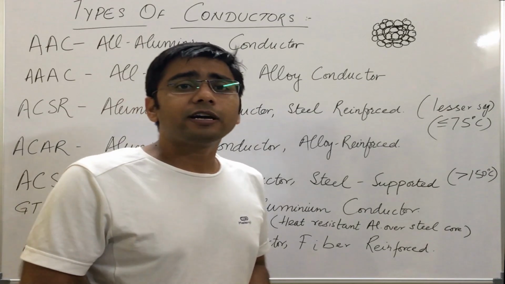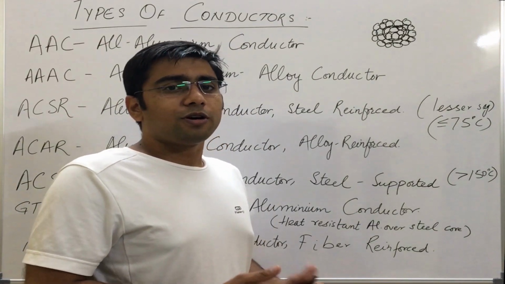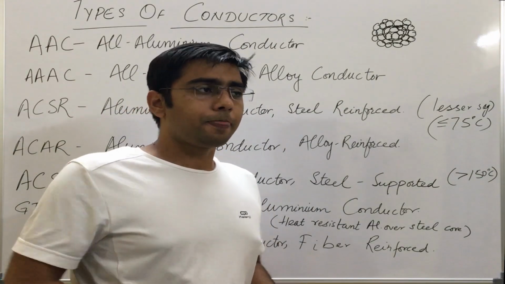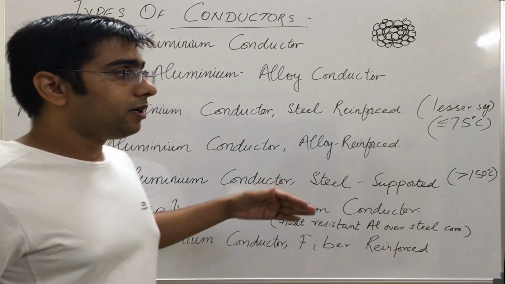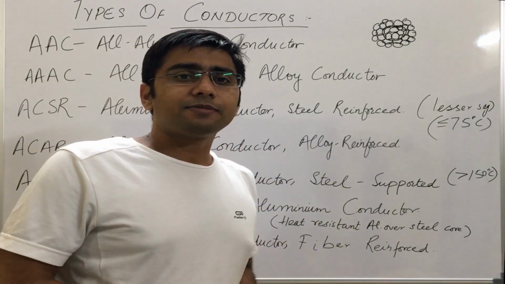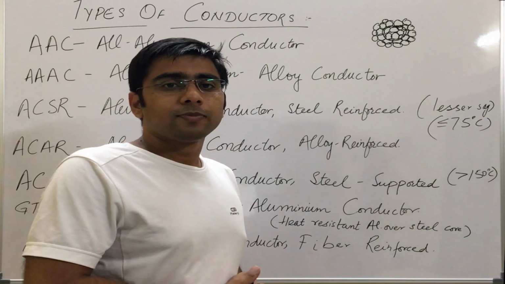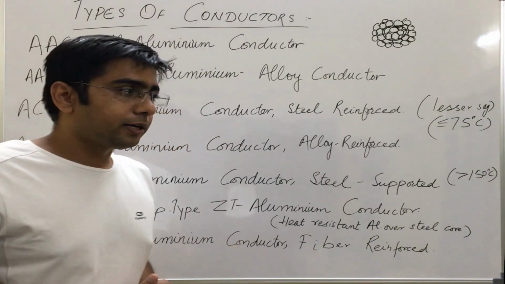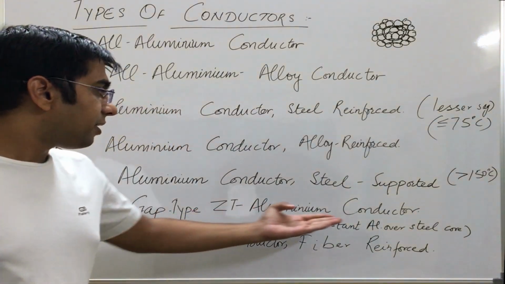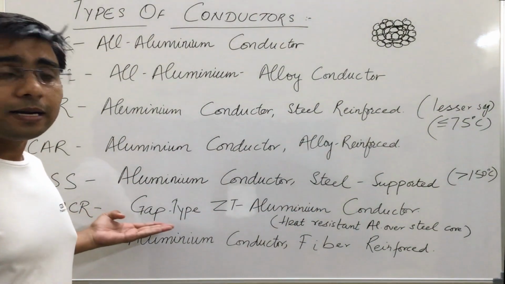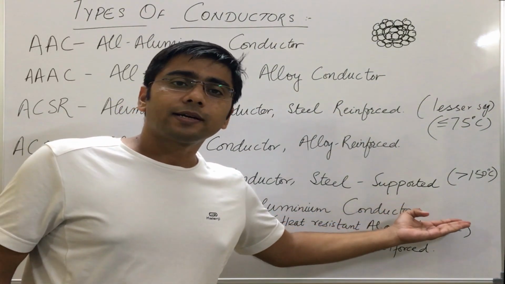The nomenclature of conductors is also a little bit different in industry. We call them by names like ostrich conductor, zebra conductor. Similarly, one type of conductor in GTZACR is the Matthew conductor.